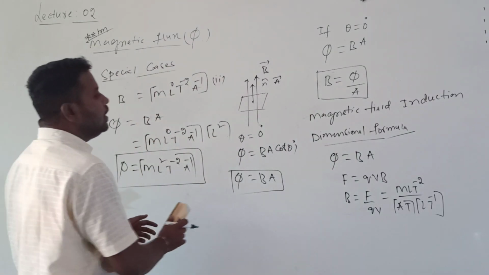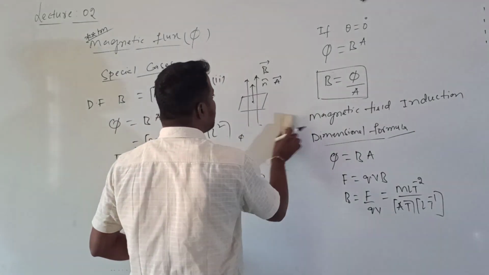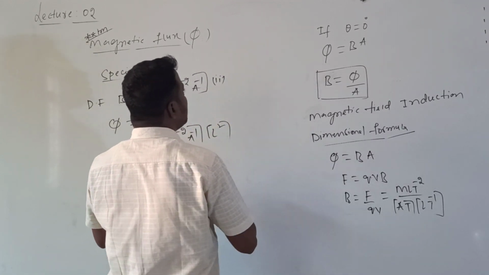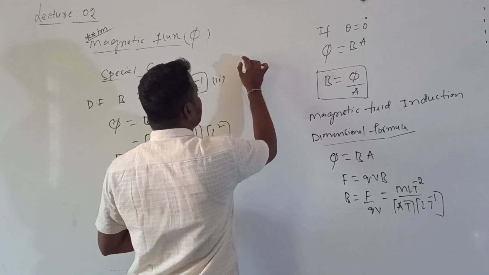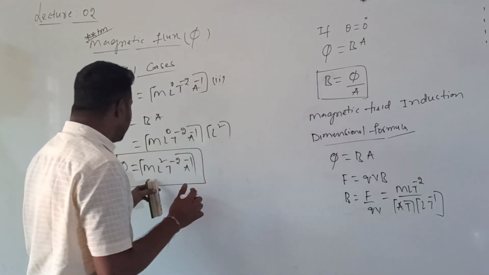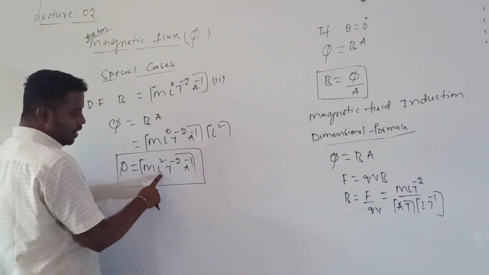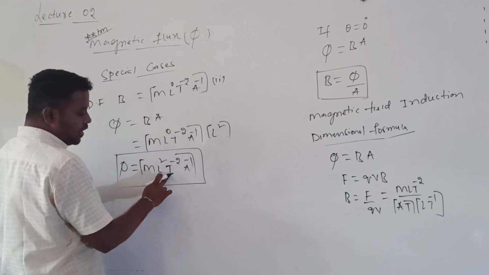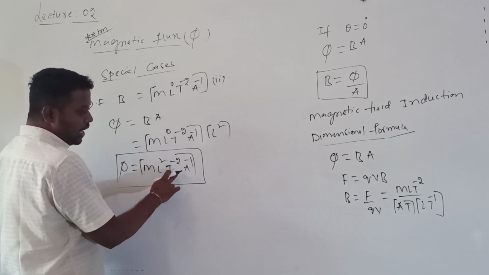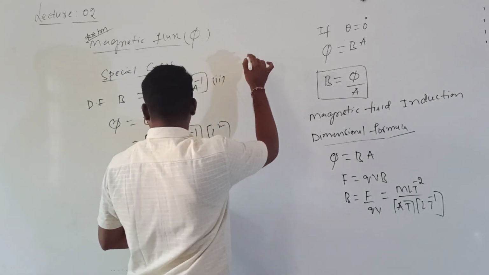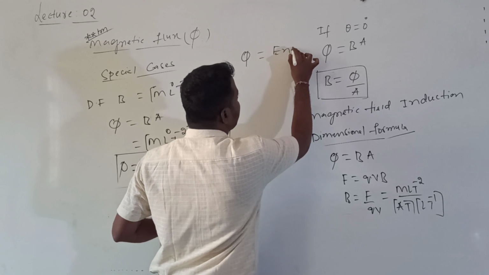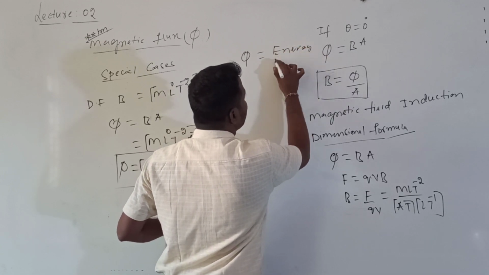Even the magnetic flux units can also be written as follows. The dimensional formula M L square T power minus 2 is the dimensional formula of energy. So flux is equal to energy divided by which one?